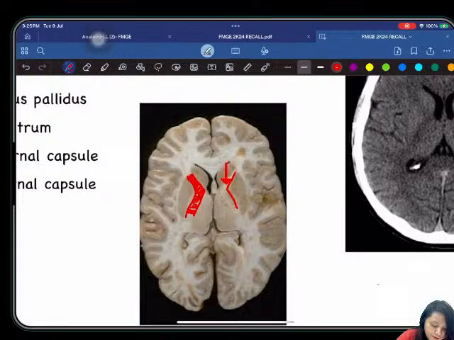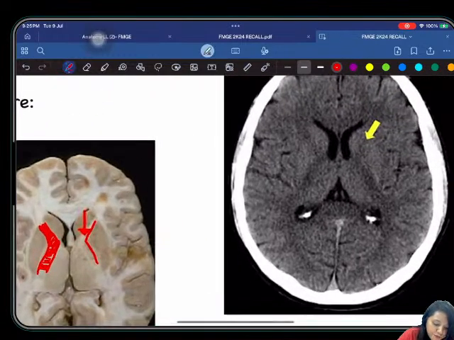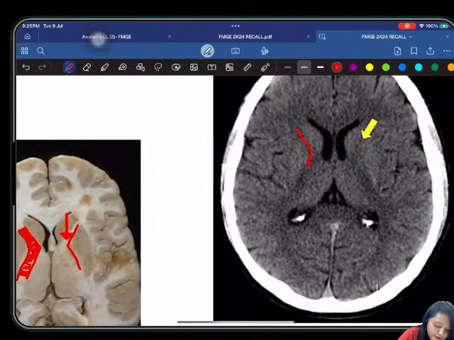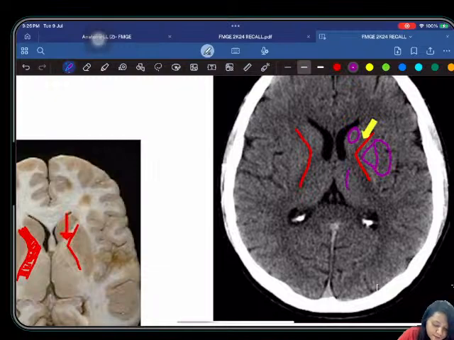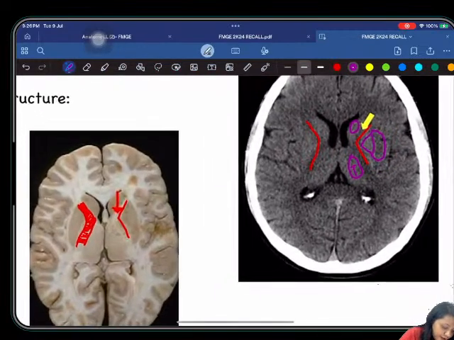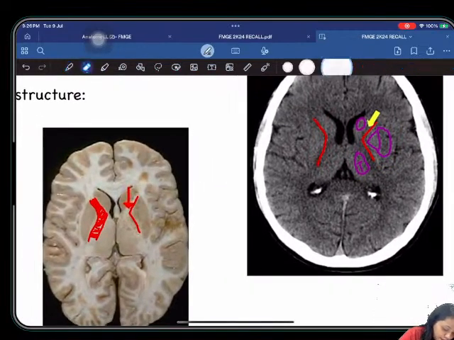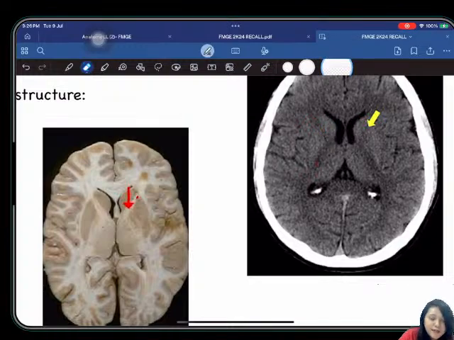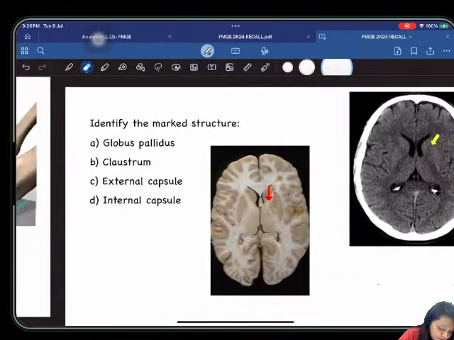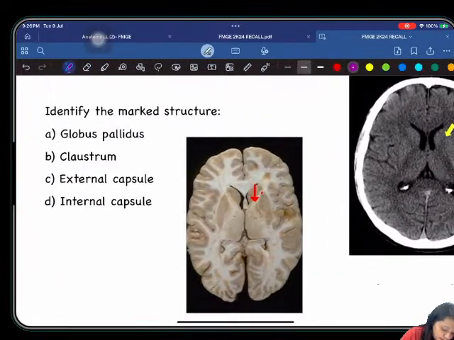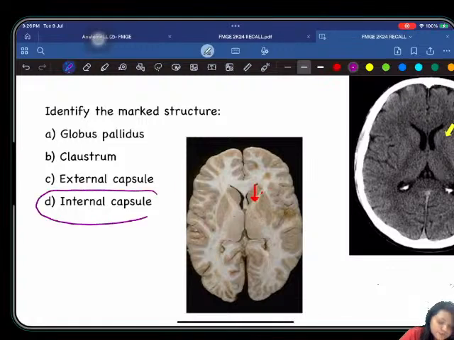Even if they give a scan here, you know that this is the internal capsule. You will have the caudate nucleus here, the lentiform nucleus here, and the thalamic nucleus here. Whatever the question came, they have mostly given the arrow on the internal capsule specimen. So the answer will be internal capsule.